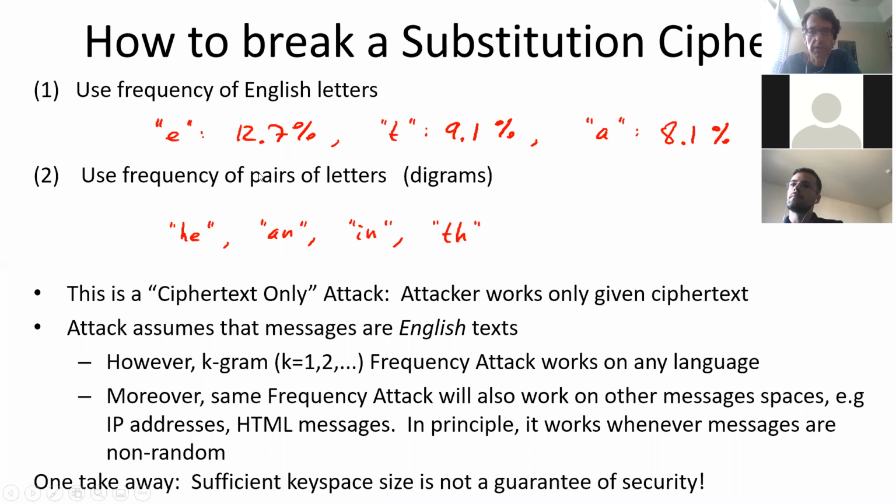Use frequency of English language, use frequency of diagrams, and just do the best match algorithm between the frequencies you observe in the ciphertext and the frequencies assumed in English. Now, this was ciphertext only. We only worked from a single ciphertext. It assumes that the text is English, but really it works on any language, right?